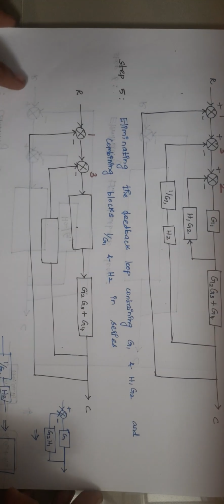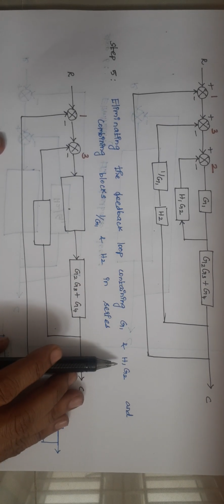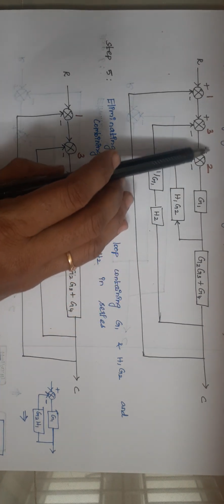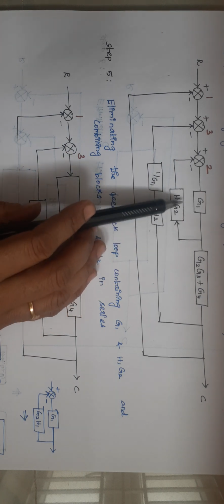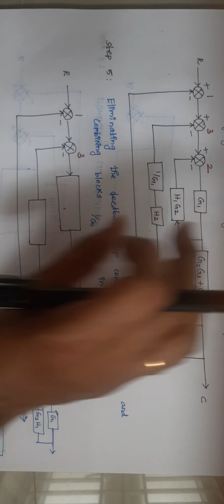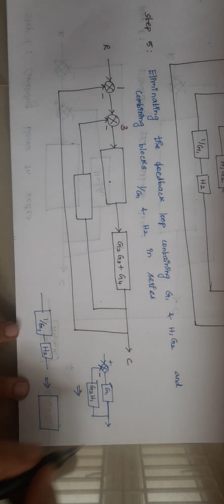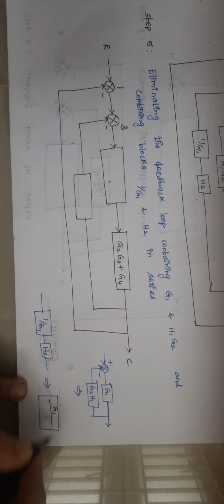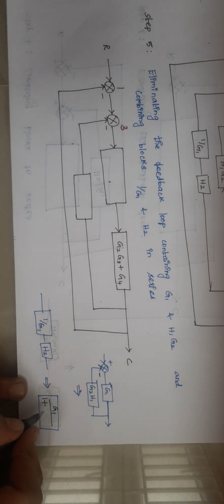Then our next step is eliminating the feedback loop containing G1 and H1 G2. Here this forms a feedback loop. That is a feed forward element and there is a feedback element. Now this forms a loop, so I can reduce this loop here. The formula for reducing the loop is G1 divided by, since the type of feedback is negative, 1 plus G1 multiplied by G2 into H1.